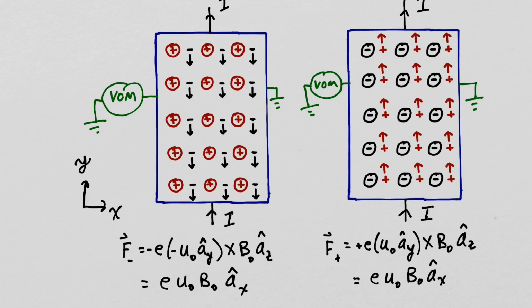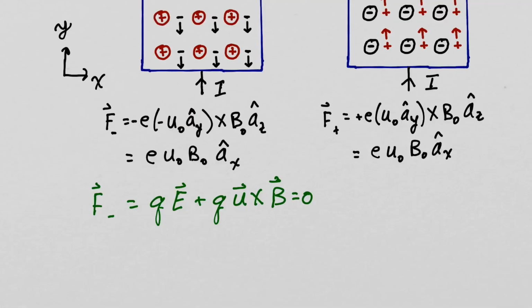In steady state, in the x direction, there will be a balance between the force on the negative charges due to the magnetic field and the force on the charges due to the electric field. The Lorentz force equation accounts for those two forces, so in steady state it will equal 0.